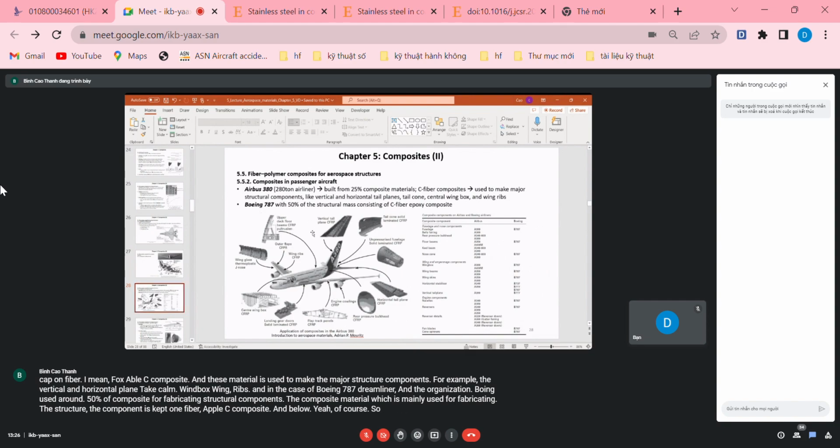And below, you see the figure showing different parts inside the Airbus 380 which are made of composites. CFRP stands for carbon fiber reinforced polymer, which is mainly used for fabricating different components inside the Airbus 380.